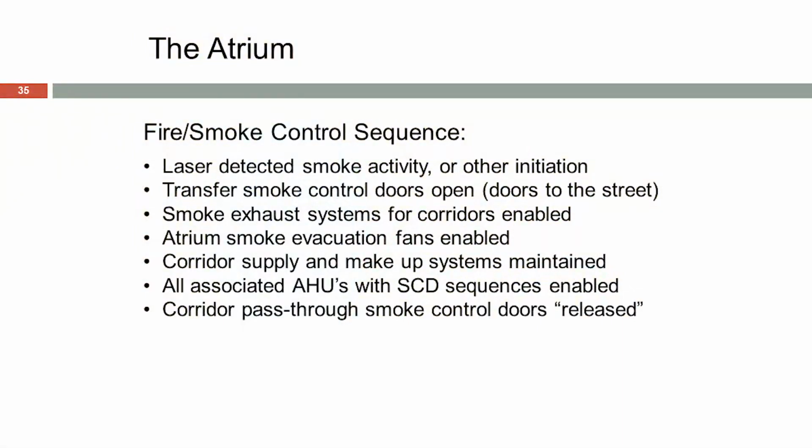Created some challenges in the design concept, but those challenges were met. 700 plus smoke control dampers in this building, 30 plus smoke control test modes. The atrium alone, over 2 million cubic feet of air that had to be dealt with. And the atrium had 9 air handling units that we had to get working right, get working together, and at the same time.